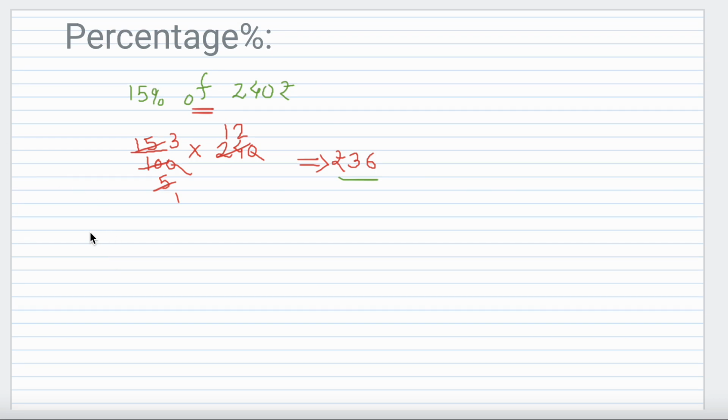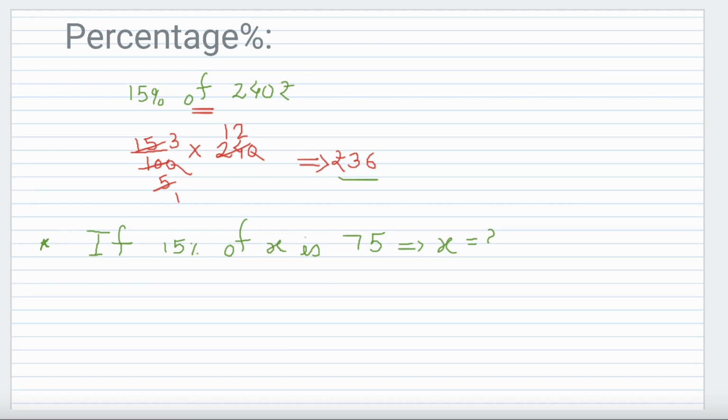Suppose you want to find out the value of x if this is the next question: if 15% of x is 75, so we have to find out the value of x.